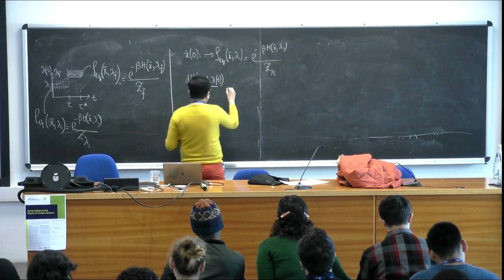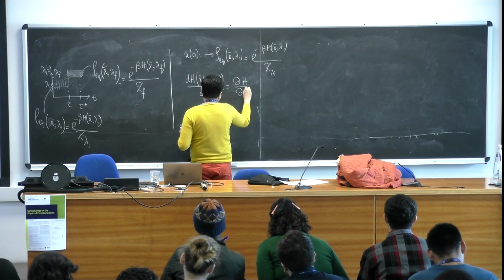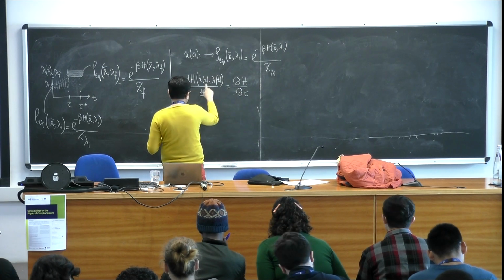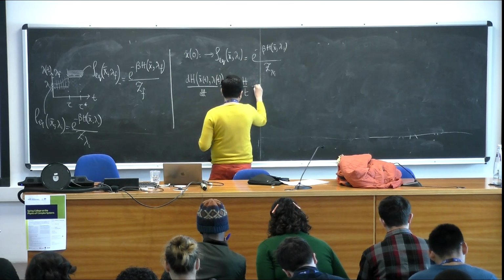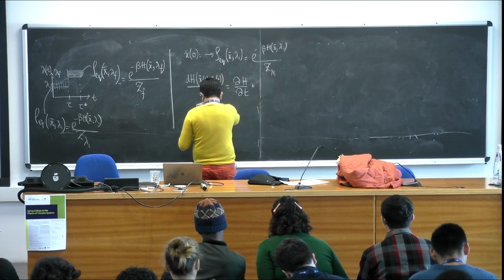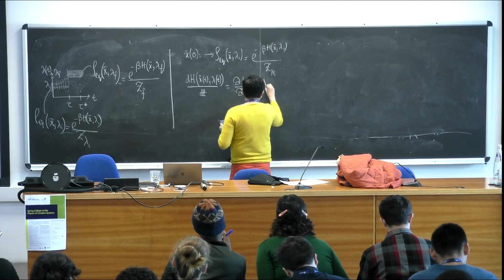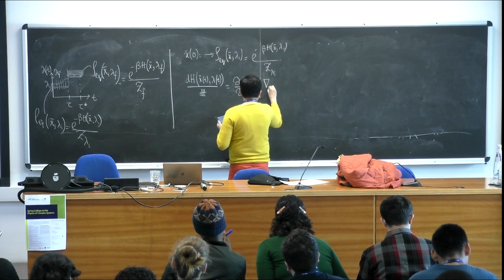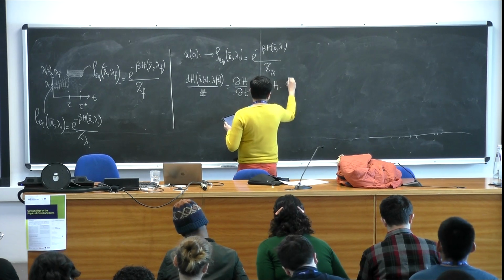So what do I do? There is an explicit dependence on time because lambda is changing as a function of time. So this would be this, and there will be a term which would look like this. I would think that this one you would know.